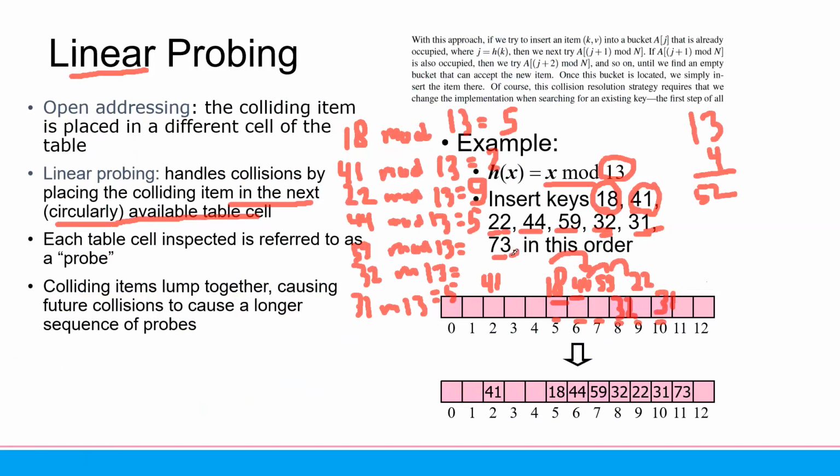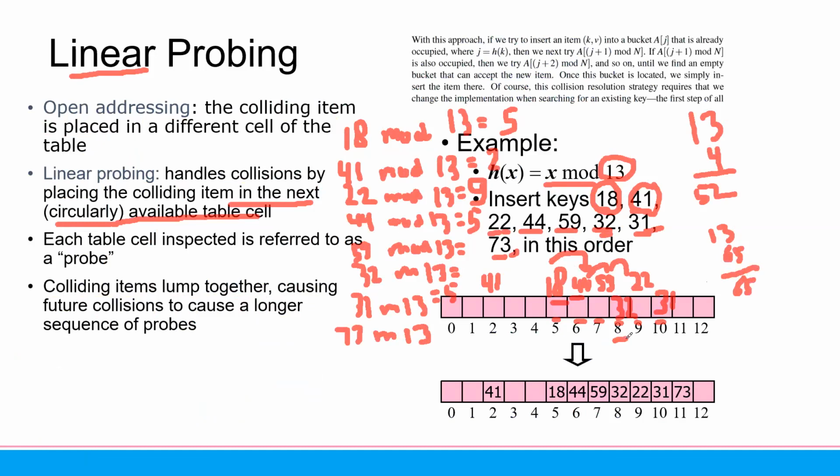The last one is 73. What is 73 mod 13? 13 multiplied by 5 is 65, so the result is 8.